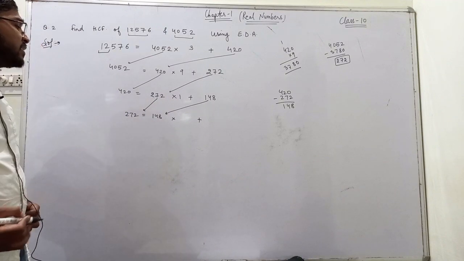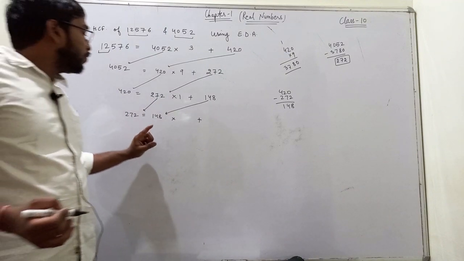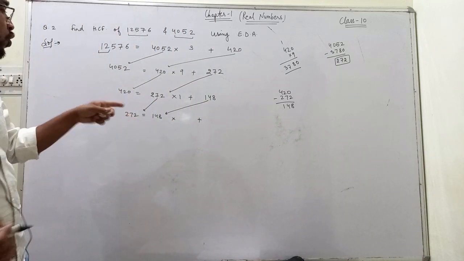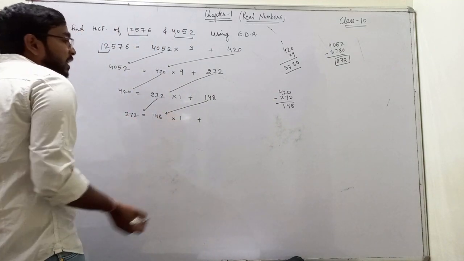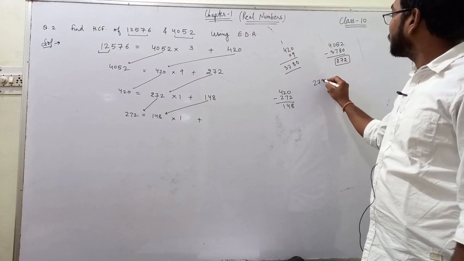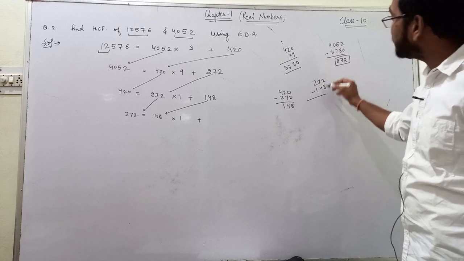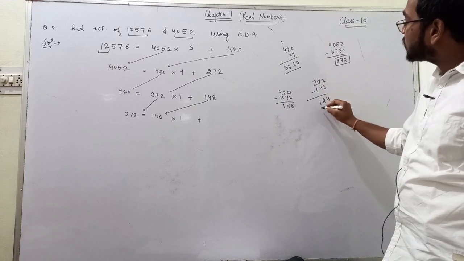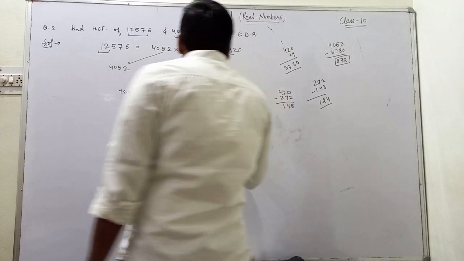Again we can see that 148 2s will be 296, which is greater than 272. So again the division will go one time, and the remainder will be 272 minus 148. That is 12 minus 8 is 4, 6 minus 4 is 2, 2 minus 1 is 1. So it is 124.